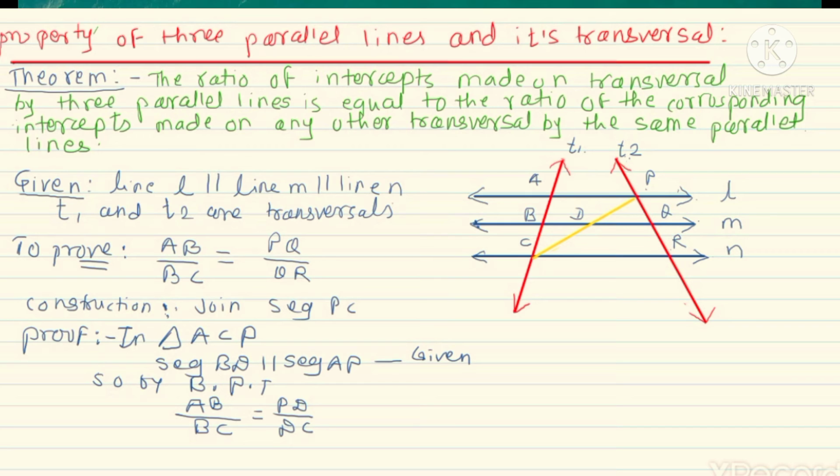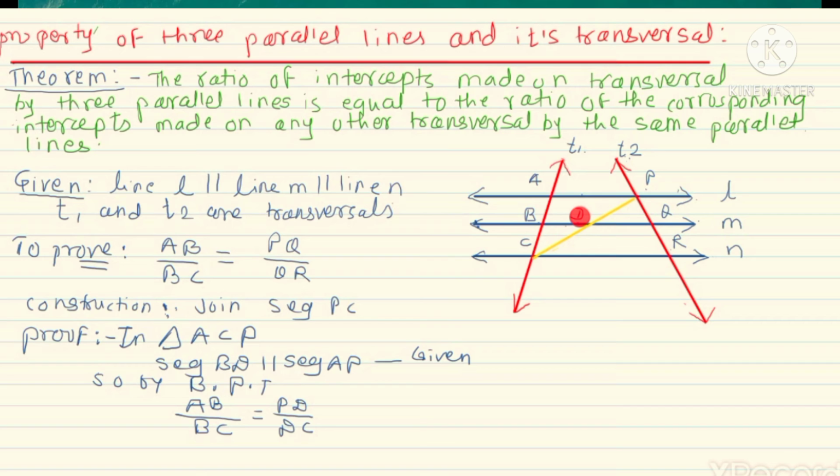Why do I write this? Because in the BPT theorem, if a line is parallel to one side of a triangle and intersects the remaining two sides in two distinct points, then that line intersects them proportionally. Here segment BD intersects side AC and side PC in point B and point D respectively.